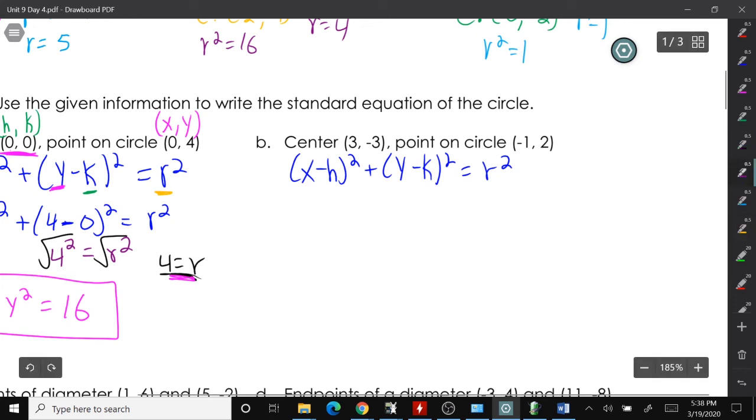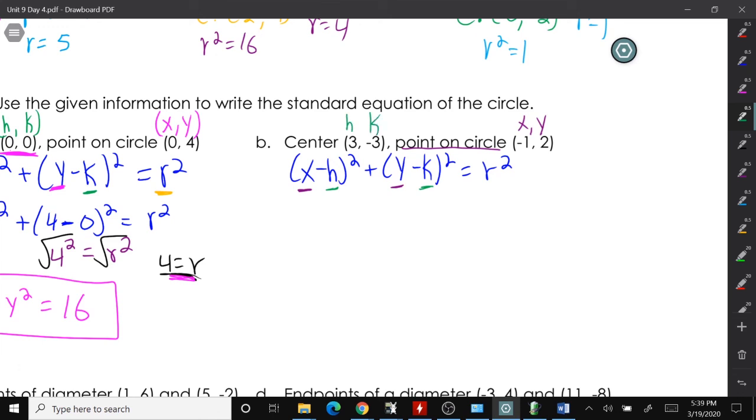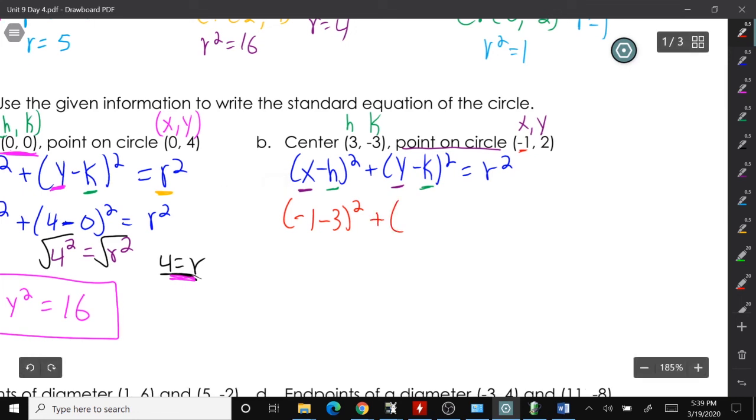So we need to plug in our values. X and y come from the point on the circle, and h and k are the centers of the circle. So now I can substitute my values. Negative 1 minus 3 squared, because x is negative 1, h is 3, and we have a subtraction sign there, plus y is 2, minus negative 3 squared equals r squared.